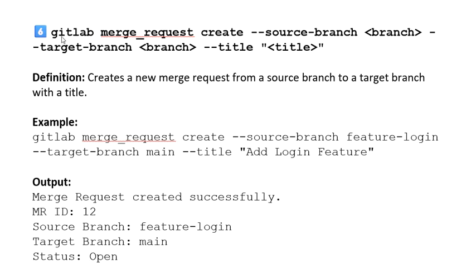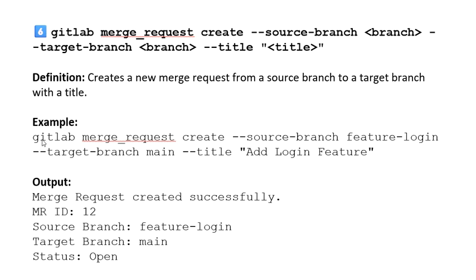The sixth command is gitlab merge_request create --source-branch with the branch name, --target-branch with the branch name, and --title in double quotes. The definition is: create a new merge request from the source branch to the target branch with a title.